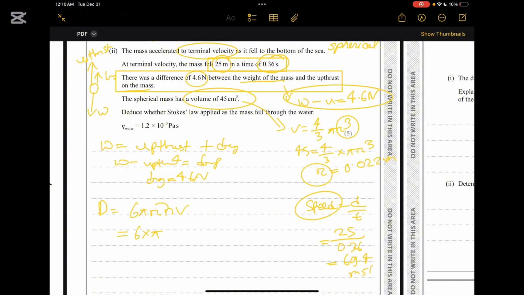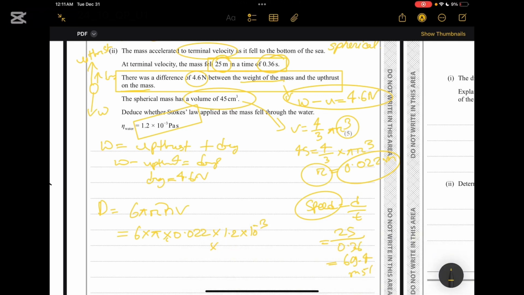So 6 into pi into the radius, which is 0.022 that we have figured out before, into this eta value, 1.2 into 10 to the power minus 3, into the velocity that we have figured out before, which was 69.4. Sorry, my bad, it will be 45, not that value.